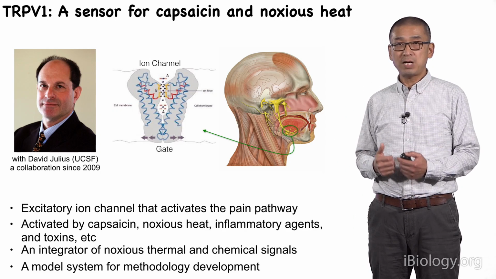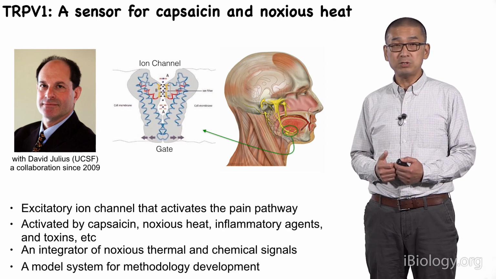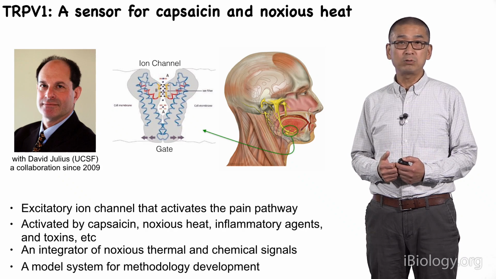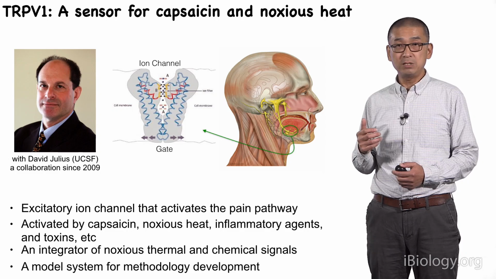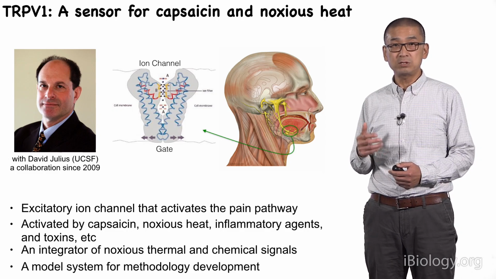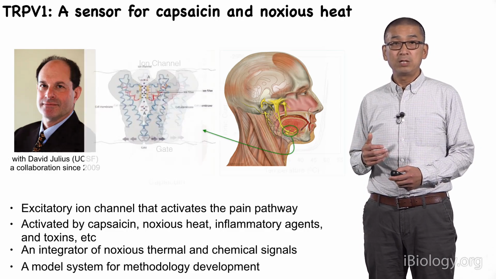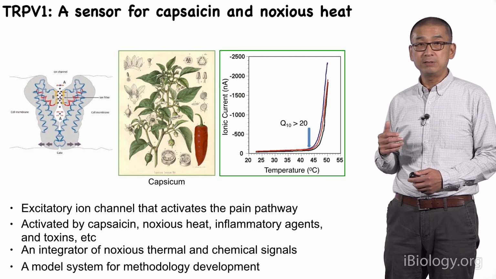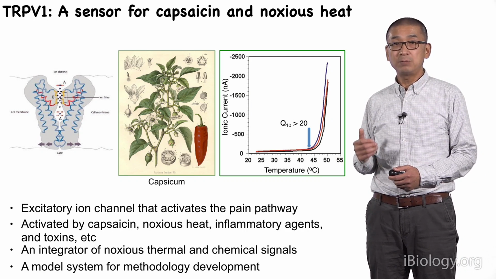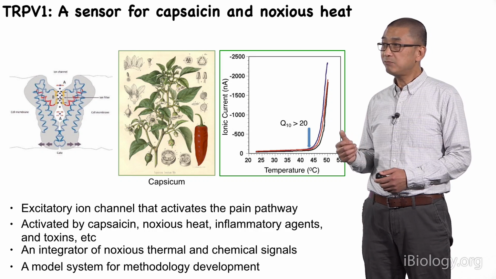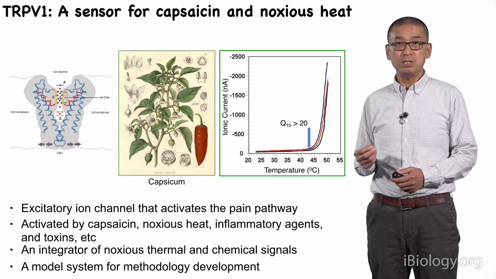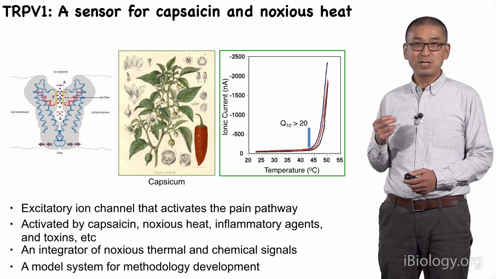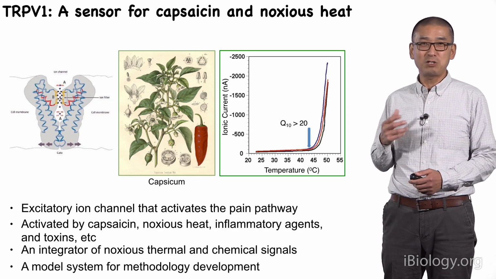In this work, we have a collaboration with David Julius' lab since around 2009. David Julius' lab was the one that initially identified and discovered this TRPV1 ion channel. The TRPV1 ion channel is an excitatory ion channel in the pain pathway. It can be activated by a natural compound, capsaicin, which is an ingredient that makes your mouth feel hot when you eat chili peppers.